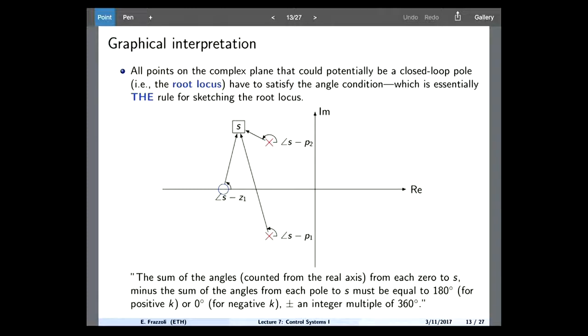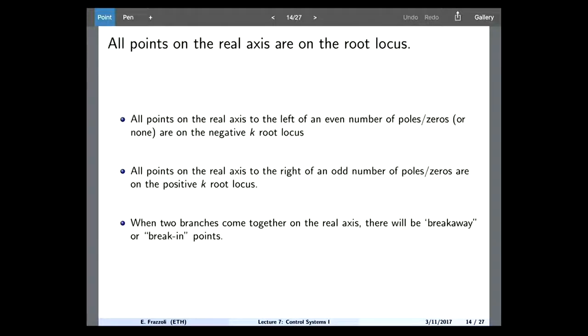If yes, then there will be one value of K such that one of the closed loop poles will be at that location. How can you compute that value of K? Use that magnitude condition. Let's see what this all means in practice.